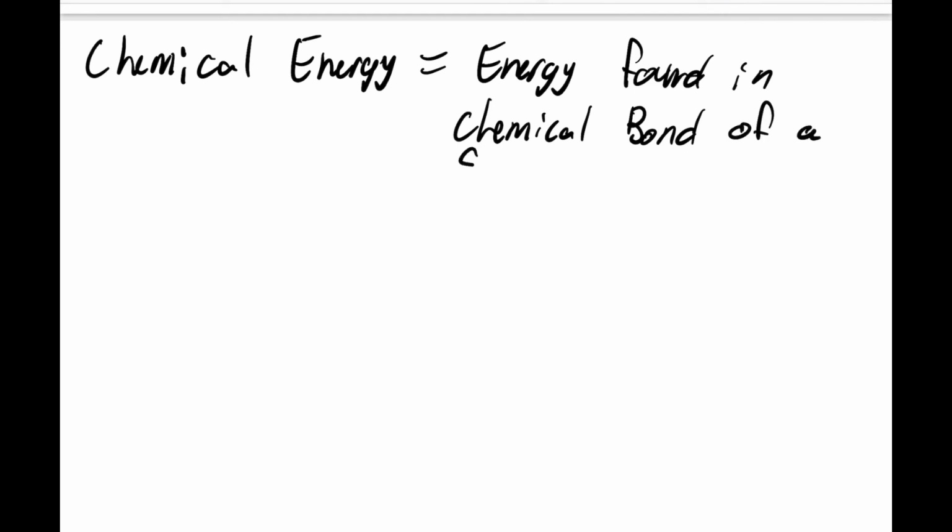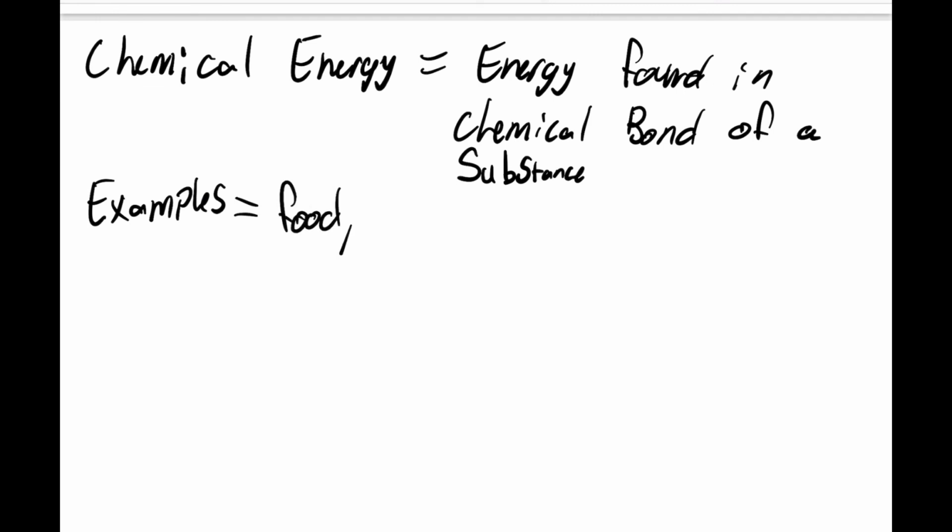And examples, we could have food, like we mentioned earlier. We could have wood. We could have explosives. Coal, fossil fuels, all sorts of things like that.